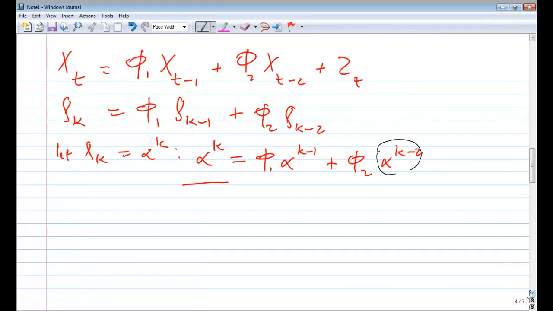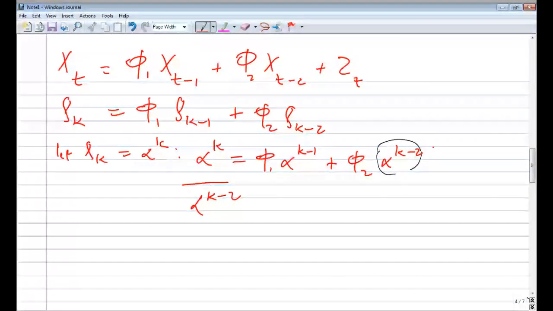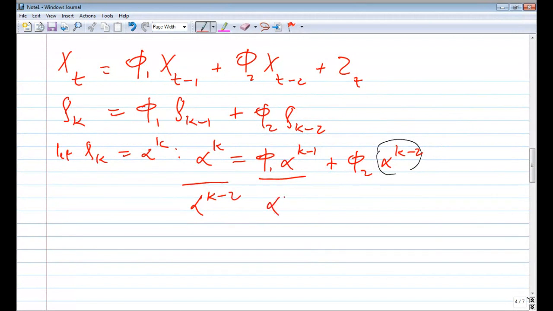Then you divide everything by alpha to the power k minus 2, because that represents the lowest power there.